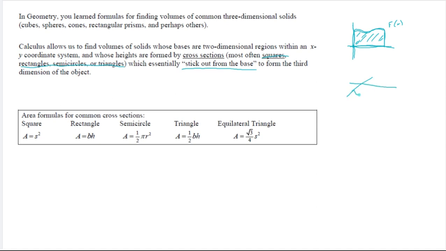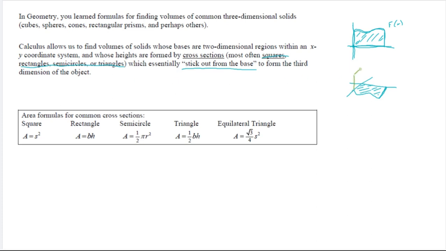and it was coming something like this, we know this section there, and so the sticking out from the base is this portion right here that's going into the third dimension.